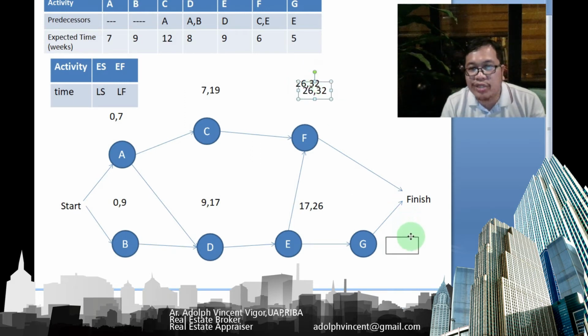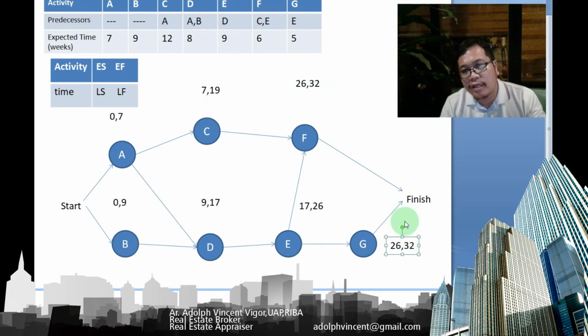Now let's go to G. Our only basis is its one singular predecessor, which is E. So it requires 26 weeks for its early start, and then its early finish is around 26 plus 5, which is around 31.